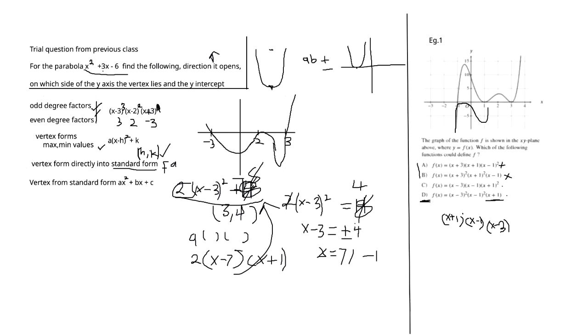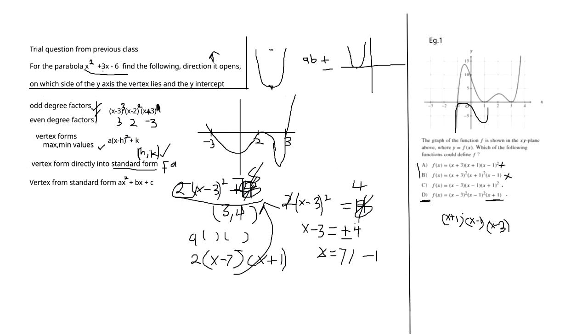Now, the last thing we would want to cover in this video is to talk about how to obtain your vertex from the standard form. Now, this is the standard form. You might be asked questions where you'd be asked to find the vertex of the parabola directly from your standard form.